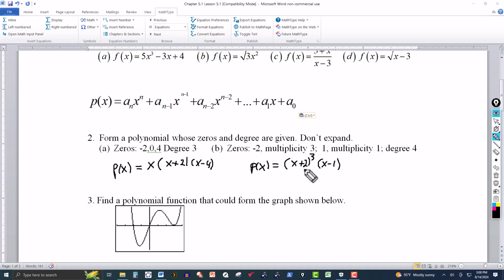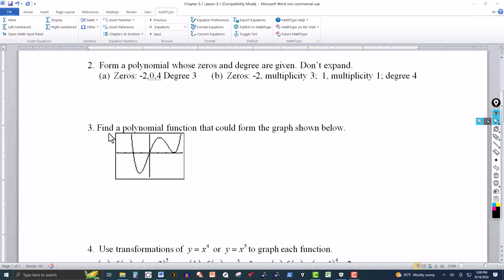So if I multiplied this out, I'd have an x to the 4th, and that fits because it says degree 4. So that would be the answer to that one. So if they give you the 0, you can find the factor that goes with that, writing x minus whatever that 0 is. And if it gives you a multiplicity, just put it as a power. That one checks. We look at the next one.